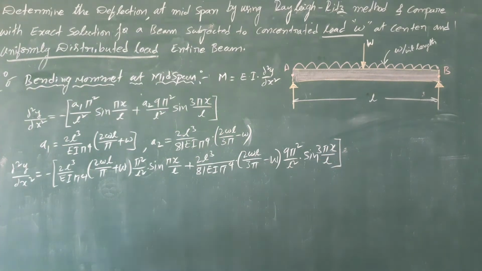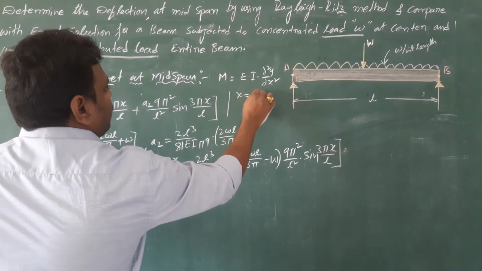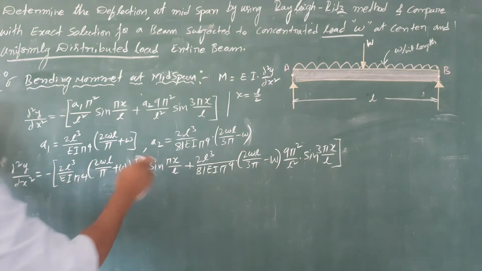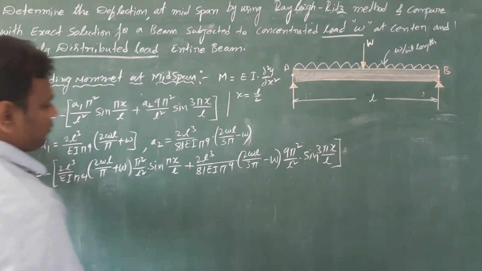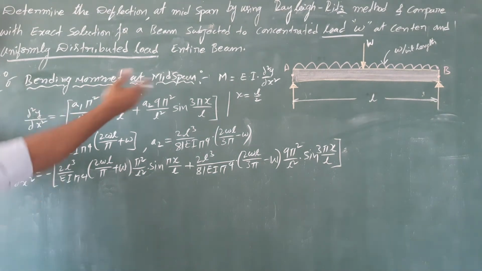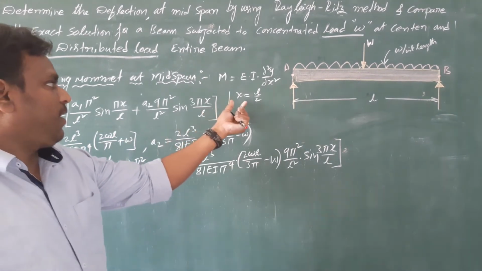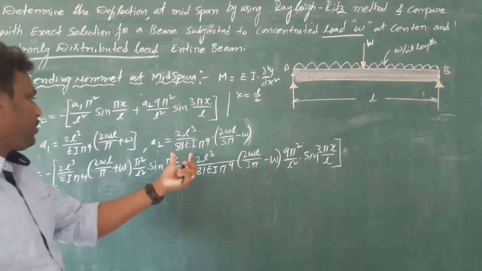Now at mid span, x is equal to L by 2. So substitute x equal to L by 2 in place of x, then we will get the bending moment. That's why I am substituting here.